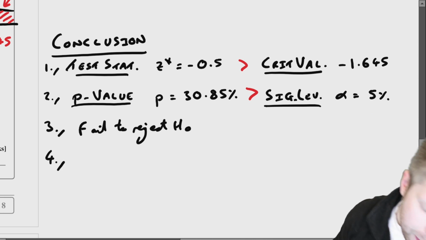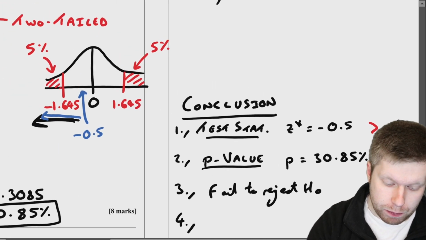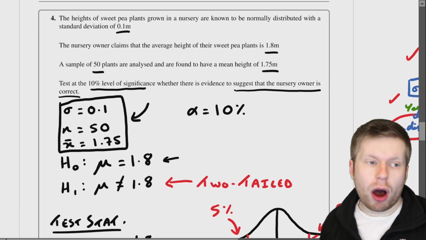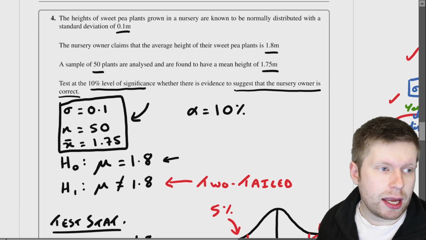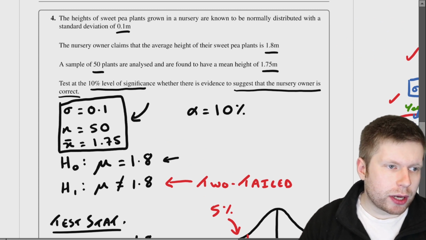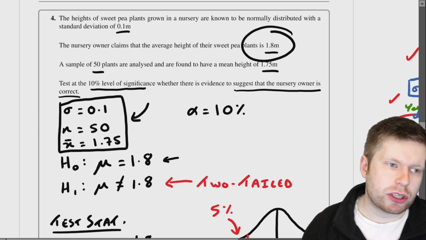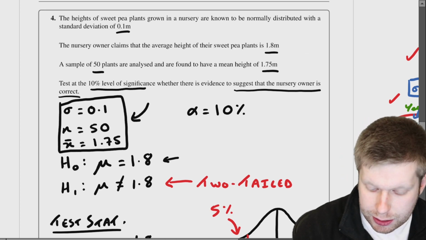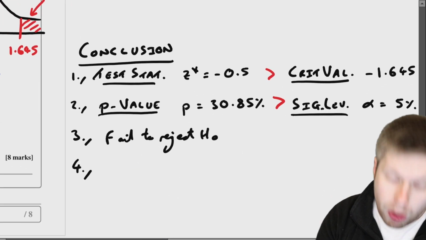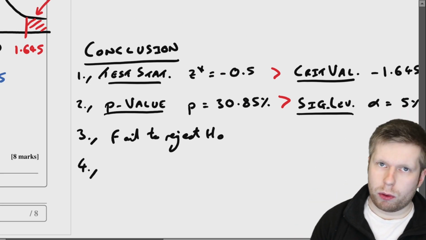Then the fourth step is to actually state what this means in the context of the question. So remember, the question was talking about the heights of sweet pea plants, okay? So I said that I'm taking sweet pea plants at random, and I think that the average height of the sweet pea plants is 1.8 meters. So using my evidence, using my data, I failed to reject that null hypothesis.